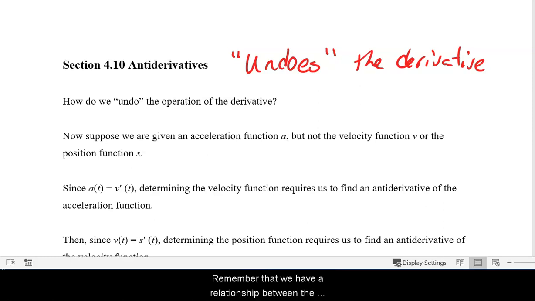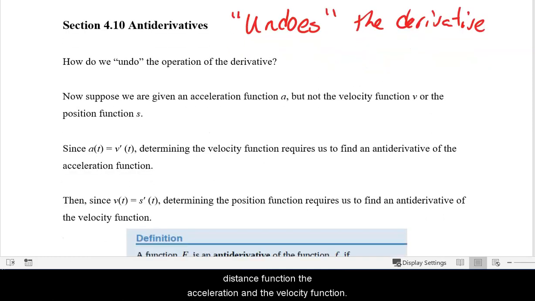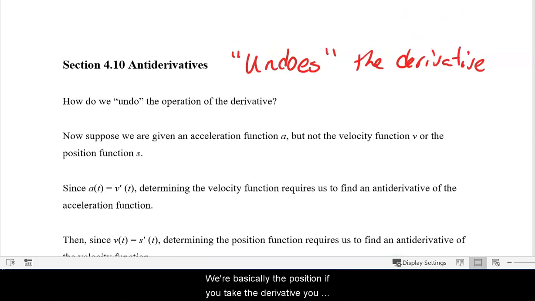Remember that we have a relationship between the position function, the velocity function, and the acceleration: if you take the derivative of position, you will get the velocity, and if you take the derivative of velocity, you get acceleration. Now suppose that you know what the acceleration function is, but you don't know what the velocity is or what the position function is.